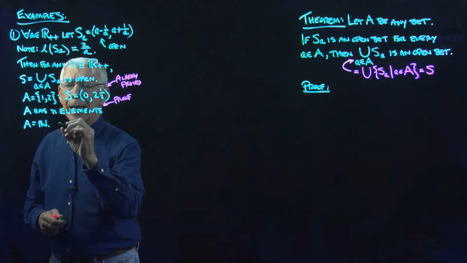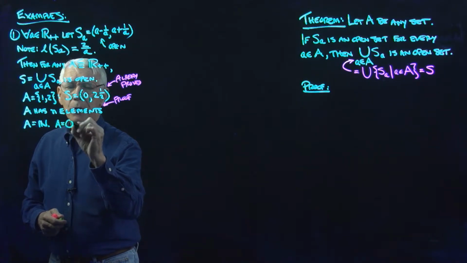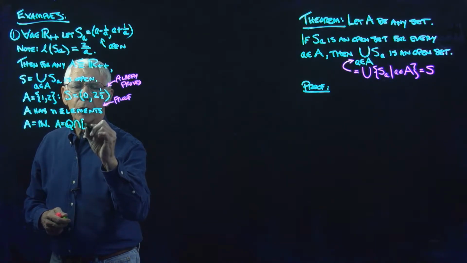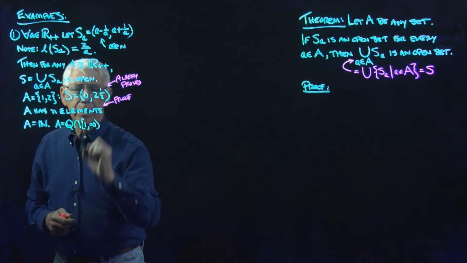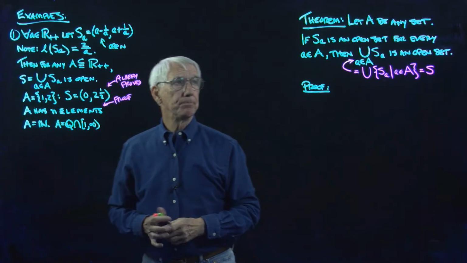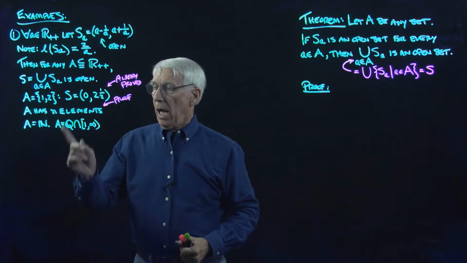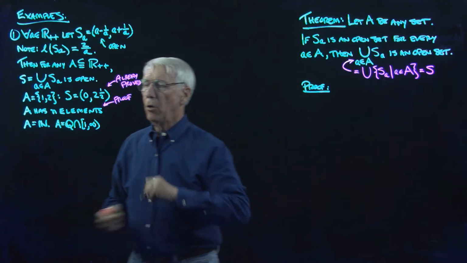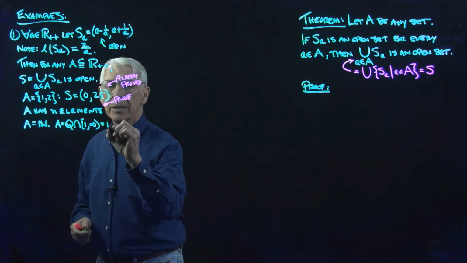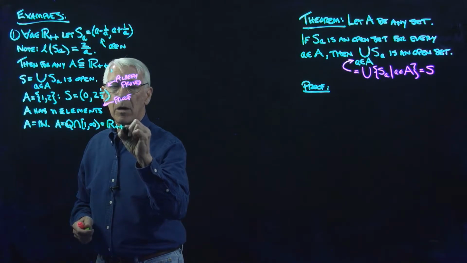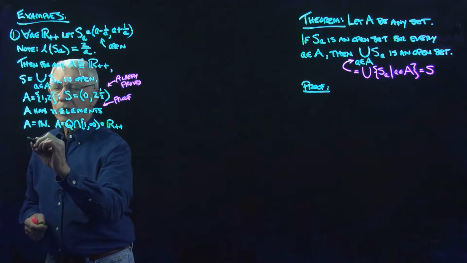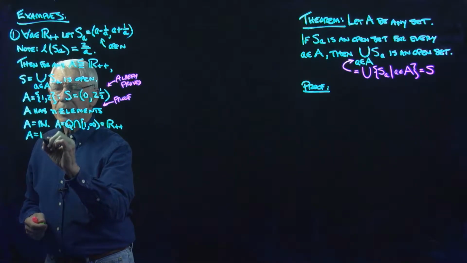Let's consider the case where A is, let's say, the rationals intersected with the interval from 1 to infinity. You can think about what this set is, and I'll write down here that this set is R++. Finally, consider the case where A is itself all of R++.